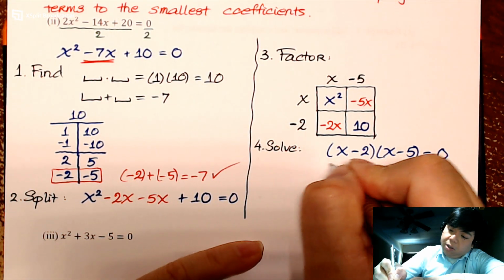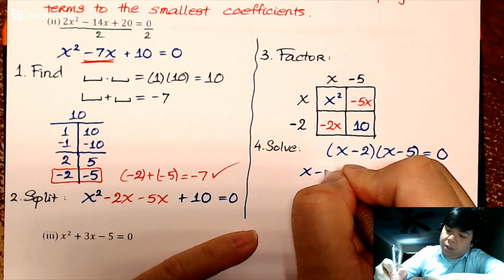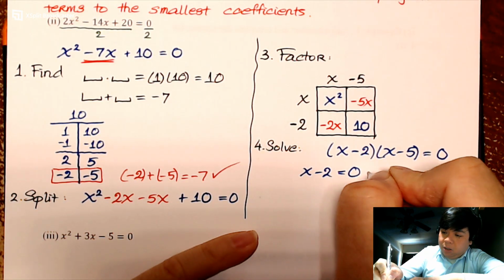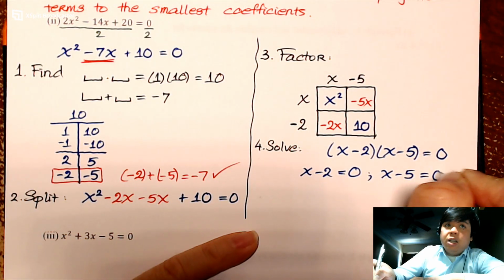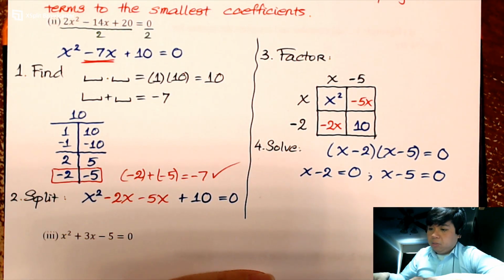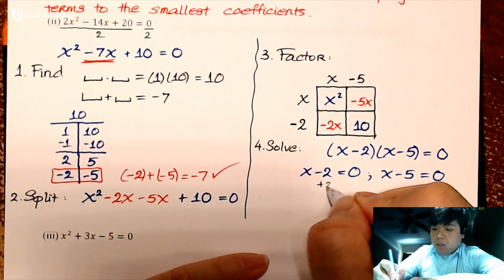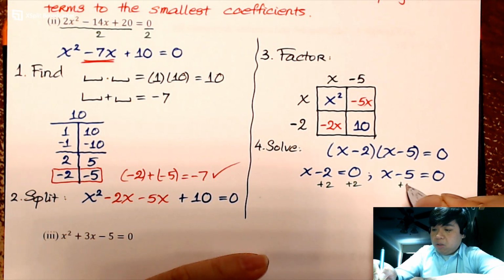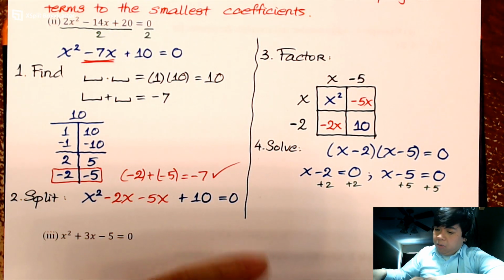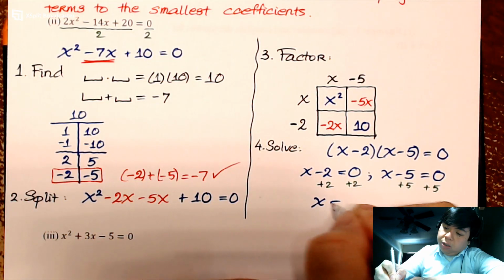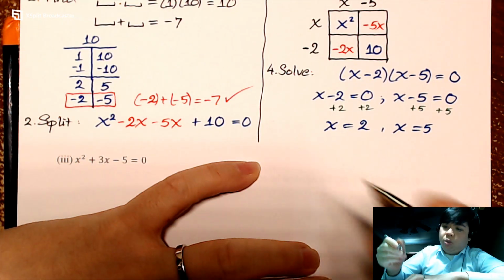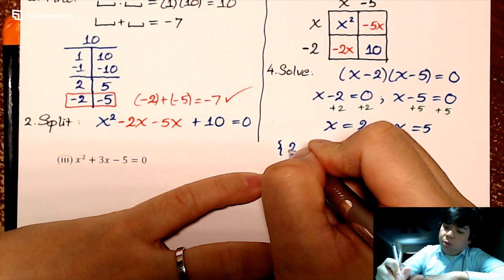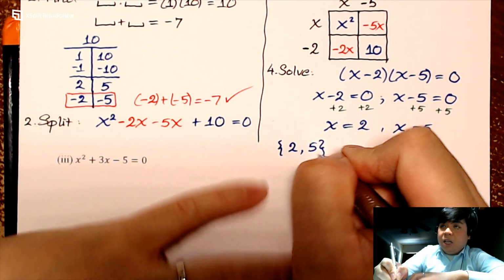So we have x minus 2 is 0, or x minus 5 is 0. Plus 2 on both sides, and then plus 5 on both sides here. So x is equal to 2, and x is equal to 5. And we write the solution as 2 and 5 in the curly bracket.